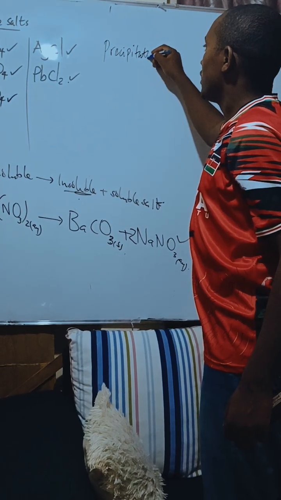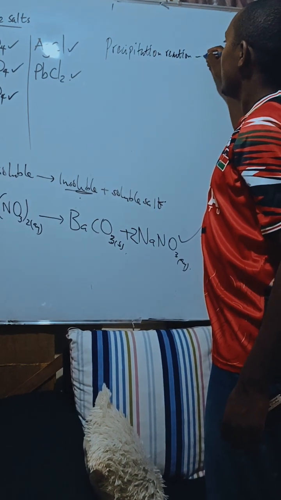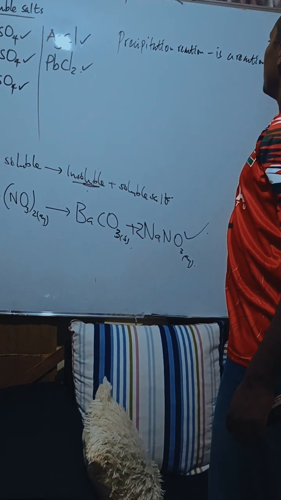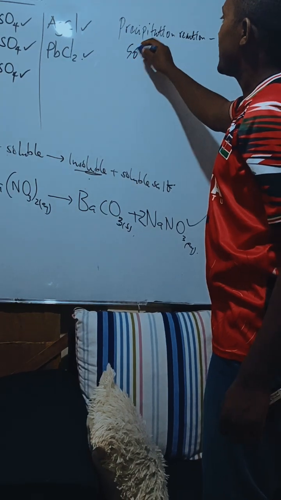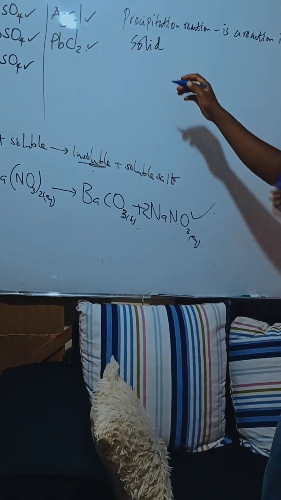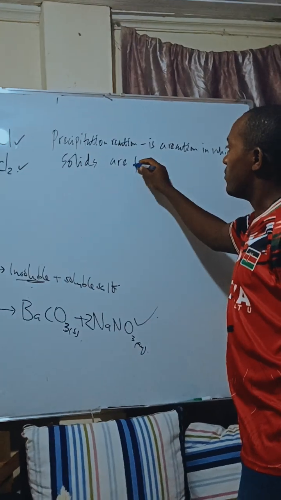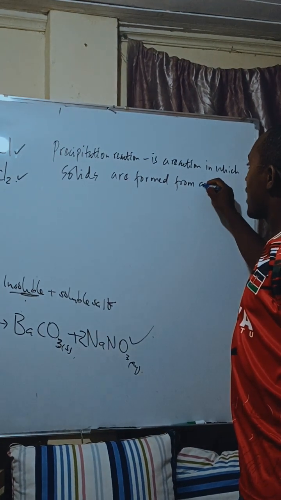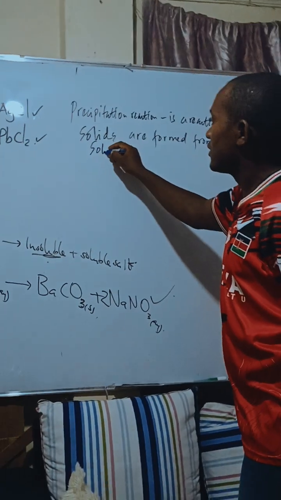So a precipitation reaction is a reaction in which solids are formed from aqueous solutions.